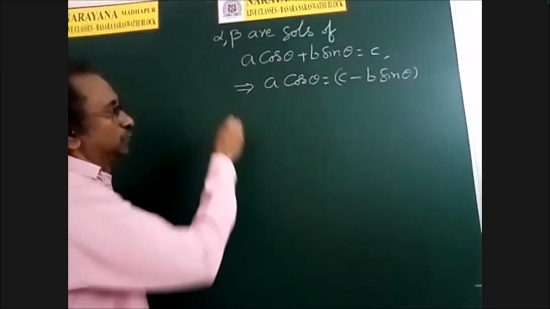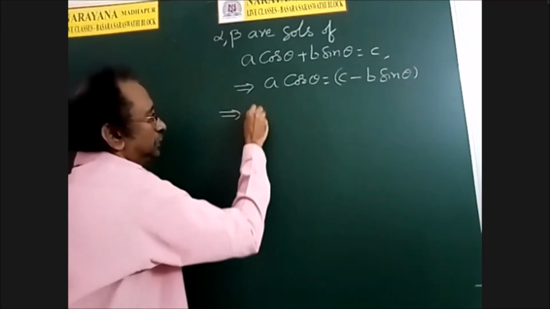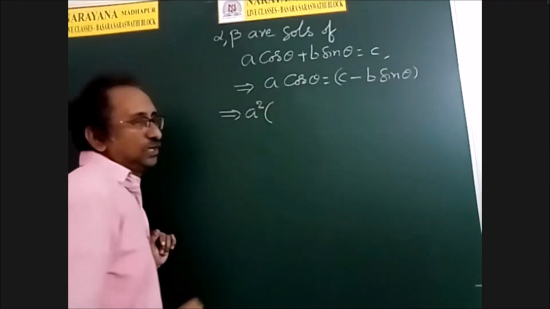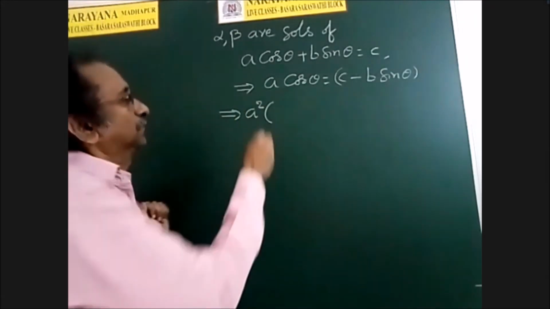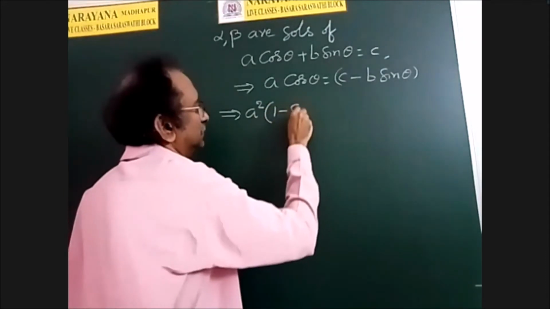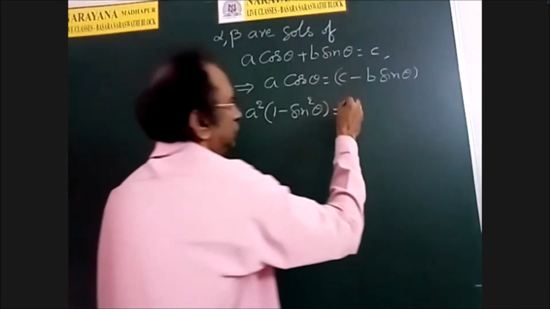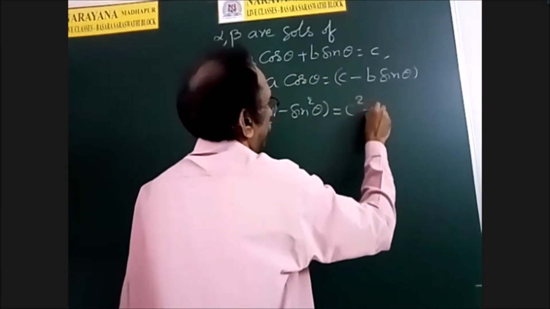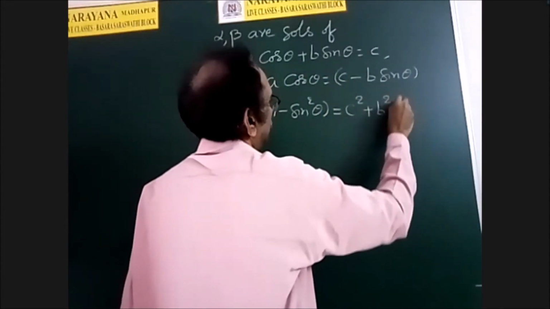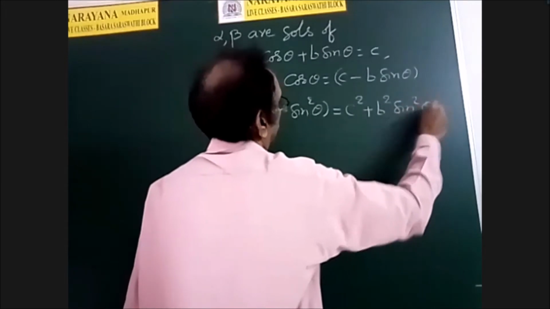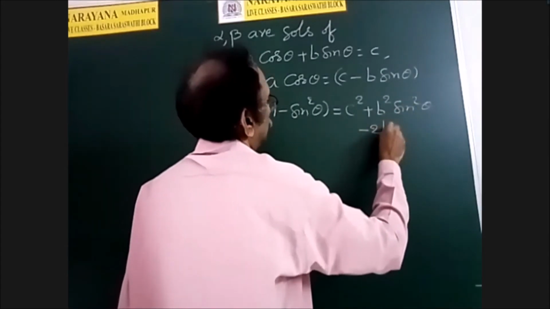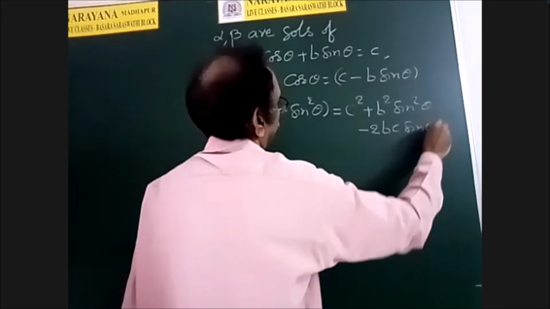Now squaring on both sides. A square into, not only squaring, in place of cos square, I am writing 1 minus sin square theta, is equal to, here the square, C square plus B square sin square theta minus 2bc sin theta.